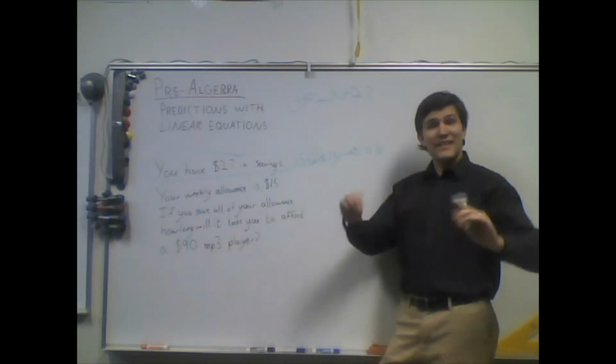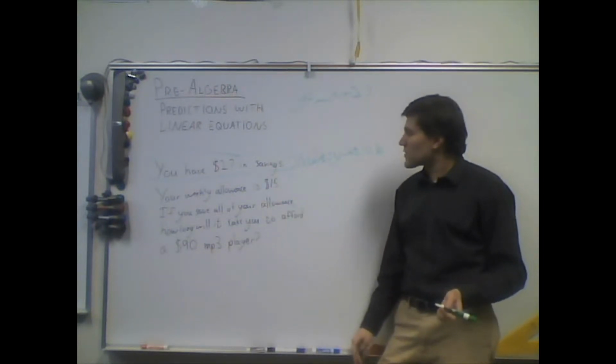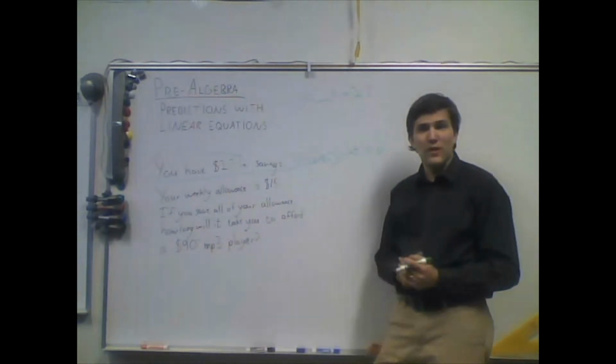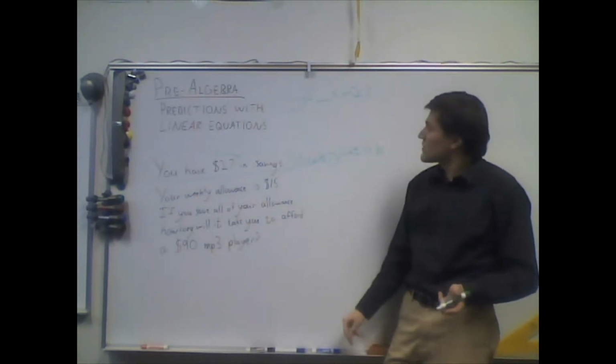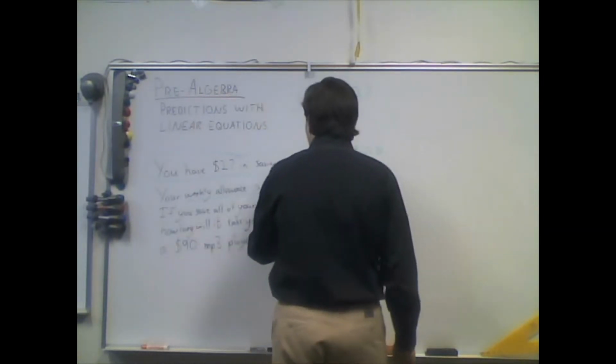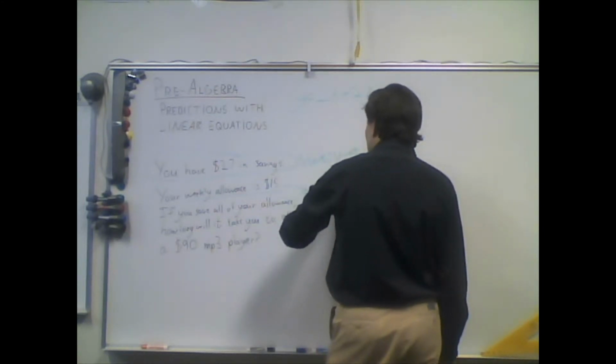Alright, that tangent aside, if you save all of your allowance of $15 each week, how long will it take you to afford a $90 MP3 player? So, we notice that each week we're going to be adding $15 to our savings account.